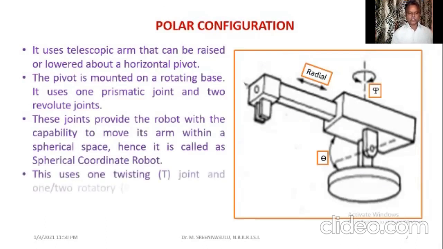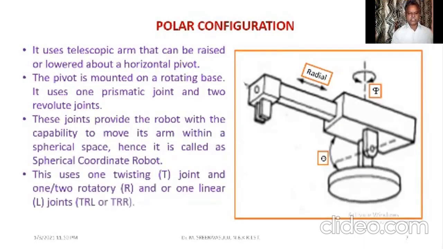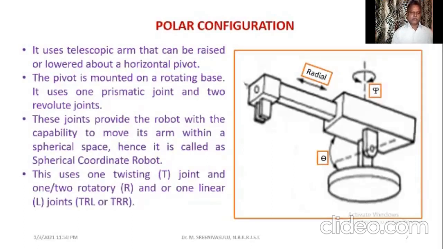This uses one twist joint and one or two rotary joints and or one linear joint. So we have seen in the earlier discussions what T, R and L are.